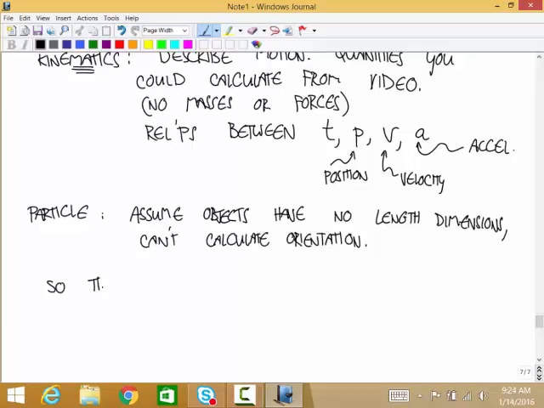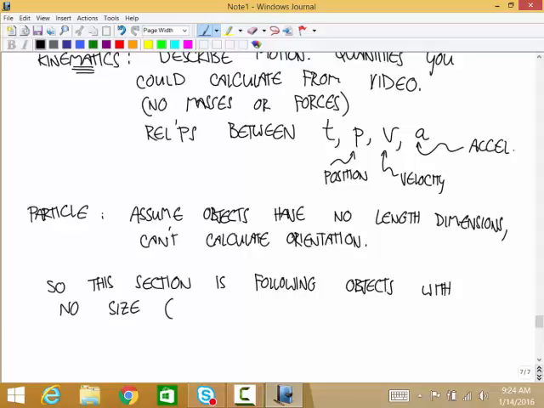So this section, this topic, is following objects with no size as they move along a line. And that doesn't mean the real object has to have no size.